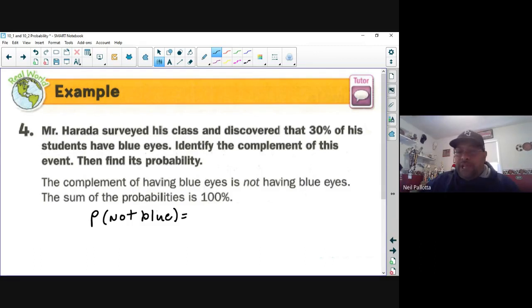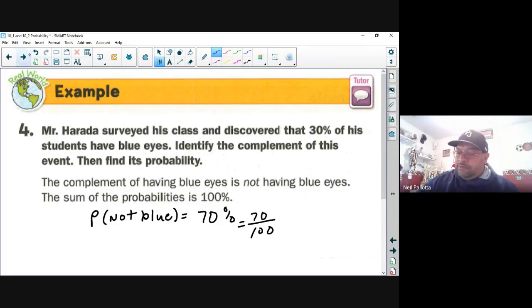Well, if 30% had blue eyes, that would leave 70%, right, which would be not blue, right? 70% is 70 out of 100, right? So if 30% of his students had blue eyes, the difference between 30% and 100% would be 70%. So the probability of not blue would be 70%.